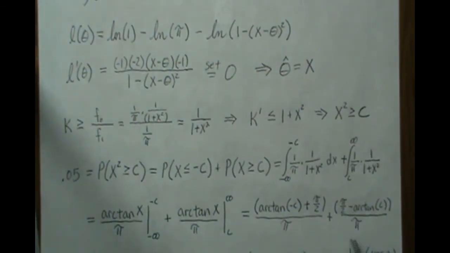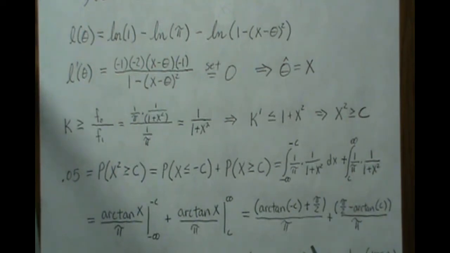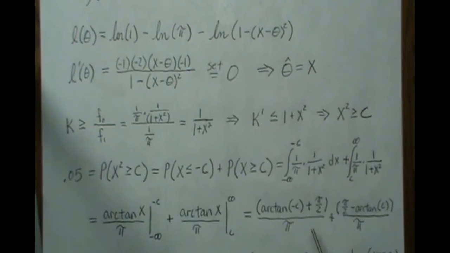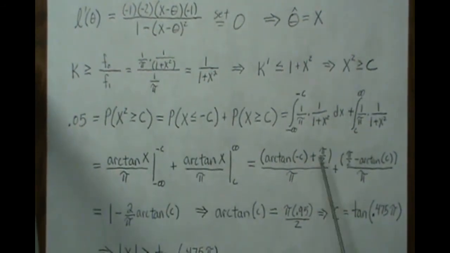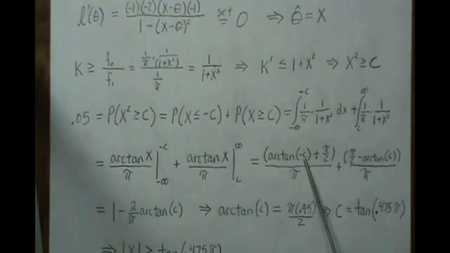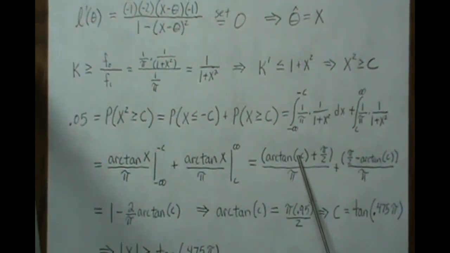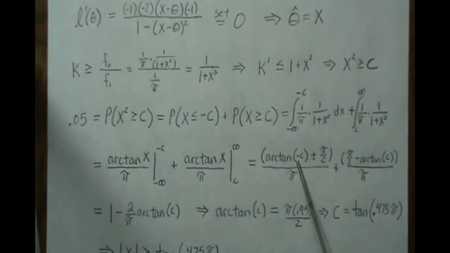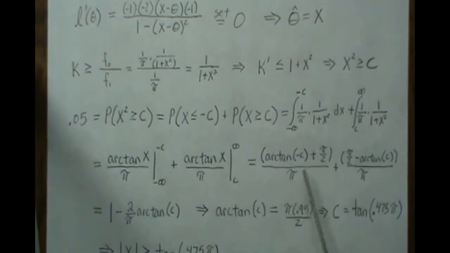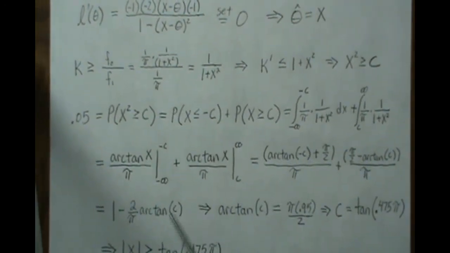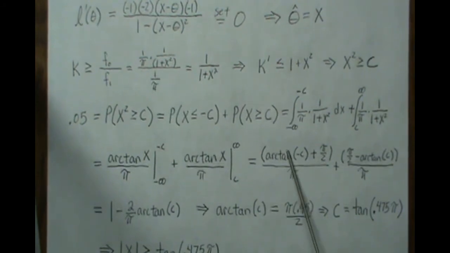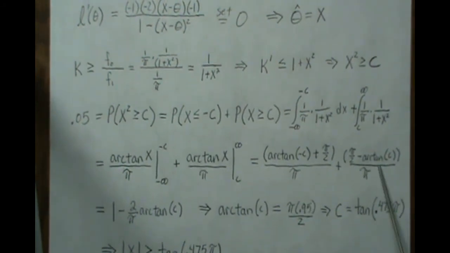Well, now we start simplifying. So this pi cancels that, and this pi cancels that, and you have a half plus a half. So that's 1. And then you can take the negative out, so if you just take the negative out, then it's the same. So you get minus arctangent of c minus arctangent of c. So there's 2 of them, but the pi doesn't cancel over that part of the fraction.